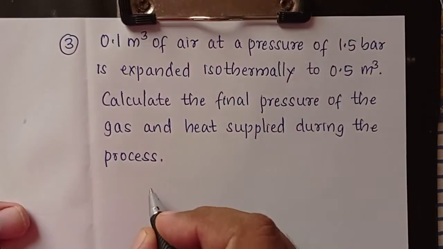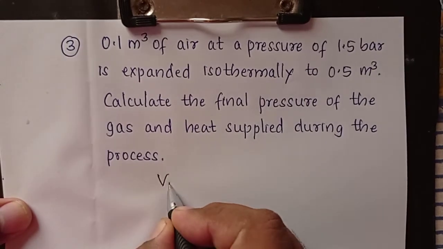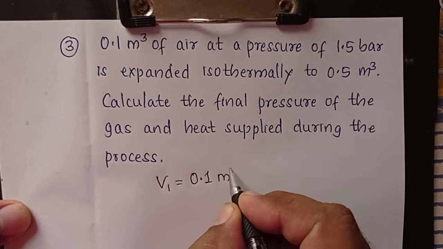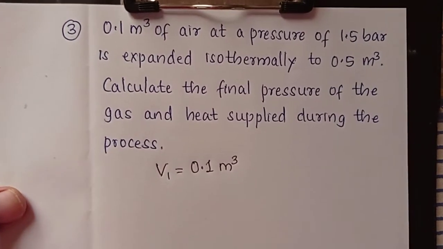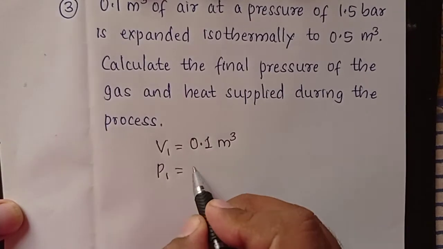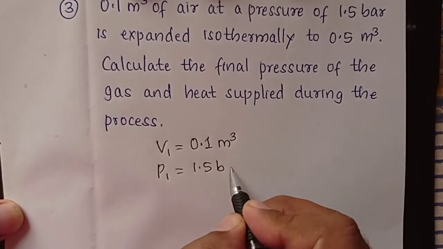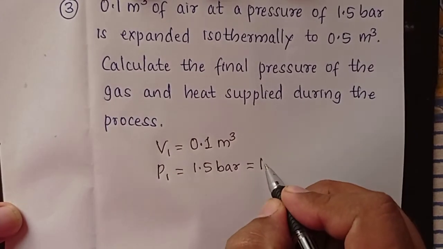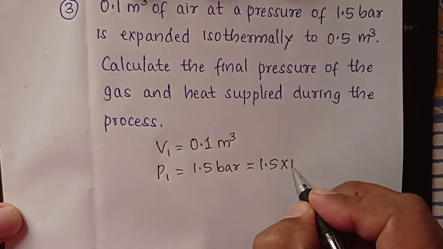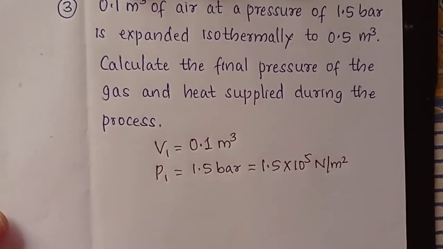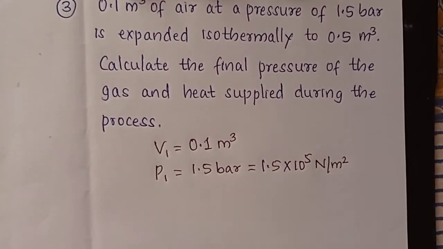So V1 is equal to 0.1 meter cube at a pressure of 1.5 bar. So P1 is 1.5 bar. You can convert that into Newton per meter square, like in the previous problems, 1.5 into 10 to the power 5 Newton per meter square, and is expanded isothermally.